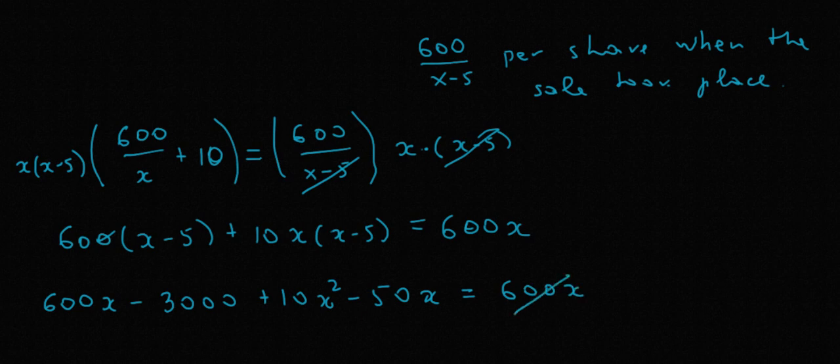Now 600x on the right hand side and 600x on the left hand side cancel out, and what remains is 10x squared minus 50x minus 3000 equals 0. Here for this equation we can divide everything by 10. And so the conclusion then is x squared minus 5x minus 300 equals 0.